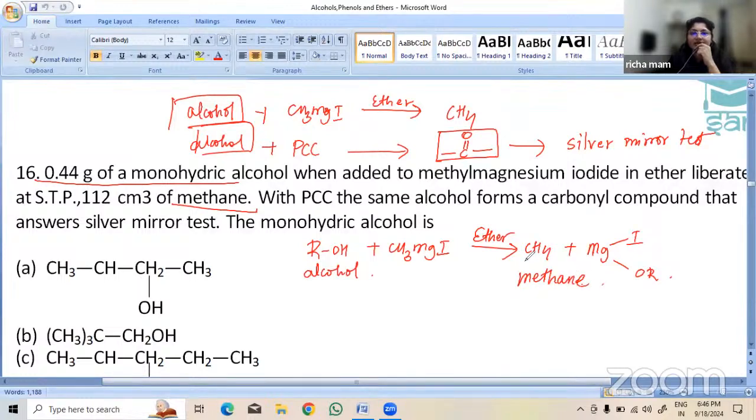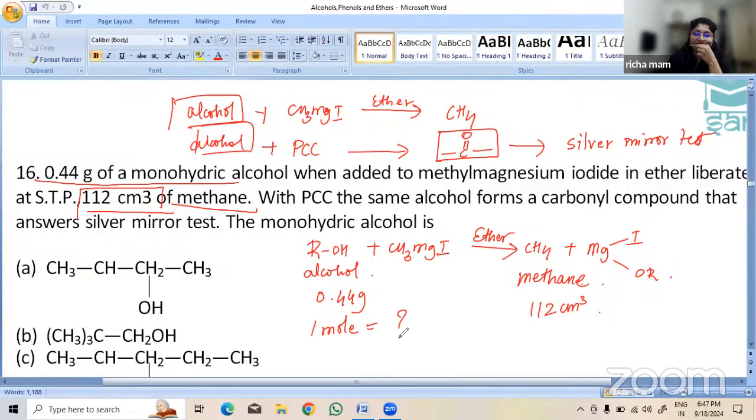And this methane, how much is liberated? It is 112 centimeter cube of methane, and the alcohol amount is 0.44 grams. Now we have to find what is 1 mole.